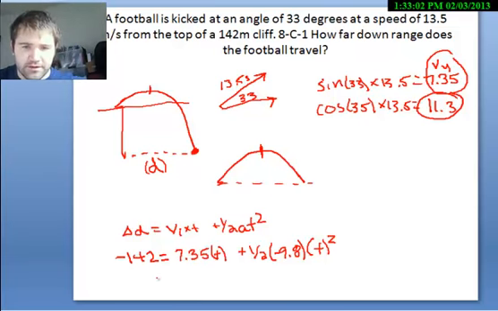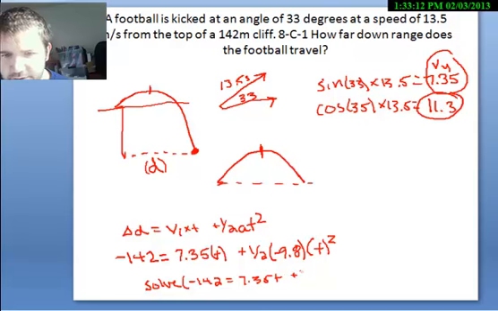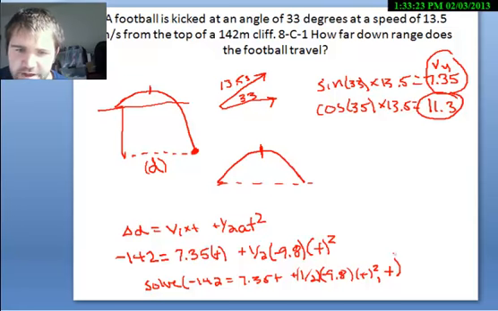So what I'm going to type into my calculator is solve, and then in parentheses I'll say negative 142 equals 7.35t plus 1/2 negative 9.8, all in parentheses, times t squared, and then comma t, so that means solve for t. So negative 142 equals 7.35 t plus 0.5 times negative 9.8 times t squared, solve for t.